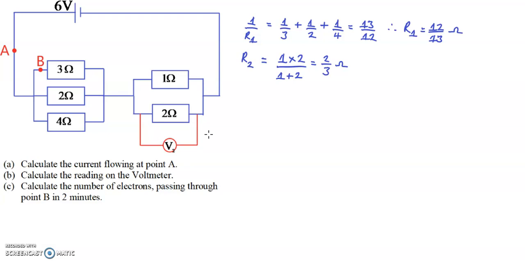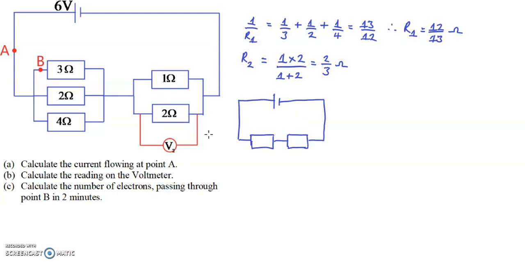So this parallel circuit can now be rewritten in terms of a series circuit by having two single resistors, as I'm showing here.